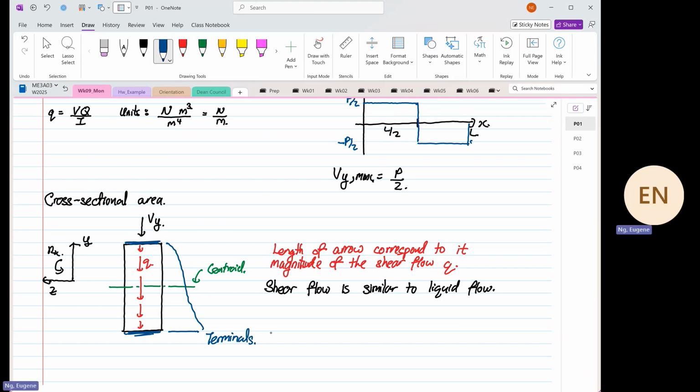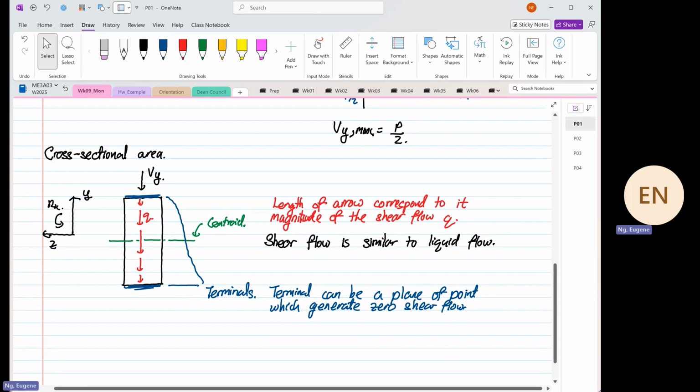A terminus can be a plane or point which generates zero shear flow. So at the top and the bottom, later you'll see, is where the shear flow is equal to zero.